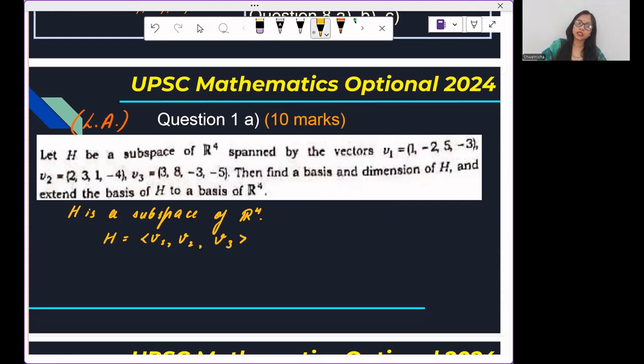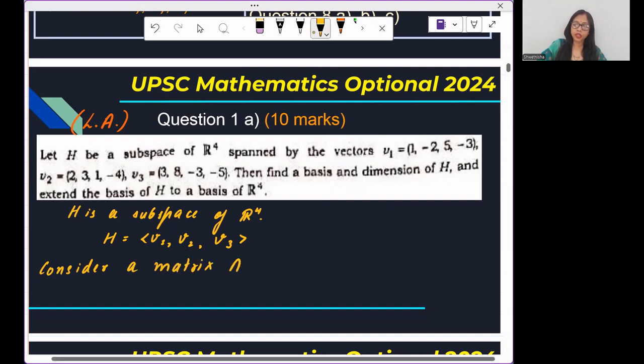I can simply consider a matrix capital A whose rows are given by V1, V2 and V3.